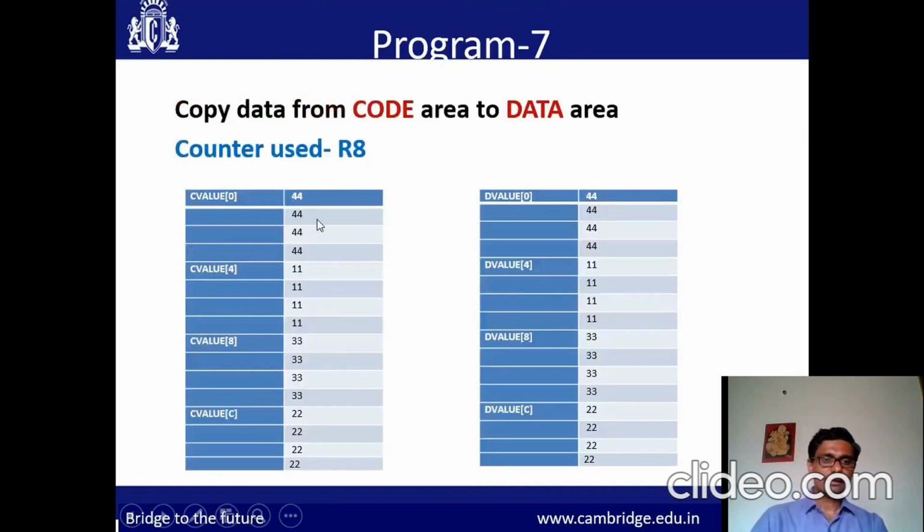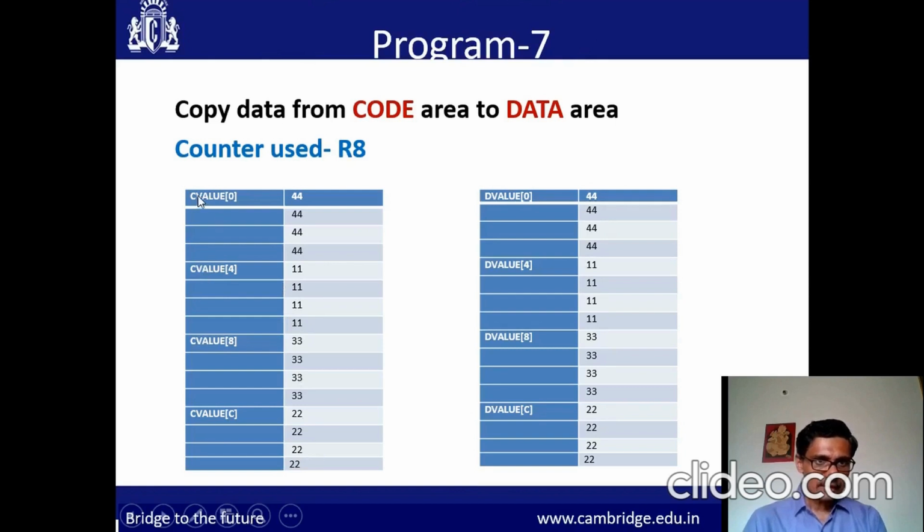In this slide, I am just explaining how this is copied to here. See, the first array is stored like this. Each element occupies 4 memory locations because the size of the data is 32-bit or 4 bytes. So 4 memory locations are used for the first data. Then the second one also uses 4 memory locations. Like that it continues.